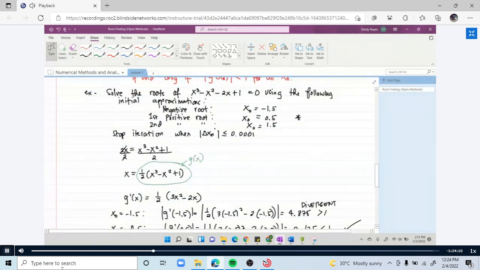Diba? We have here a cubic equation, no? Sa graph niyan, ganito siya kunwari. Unahin na lang natin.